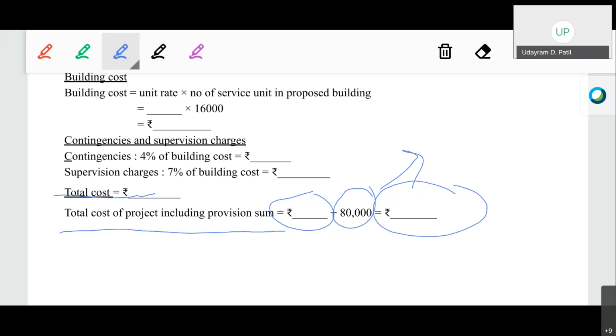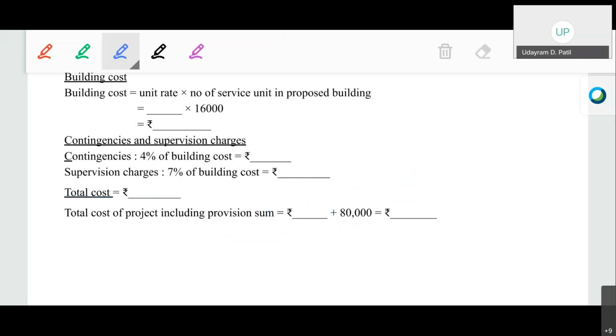Okay, 10,60,263.2 rupees will be the total cost of that particular elevated service reservoir, including the provisional sum.